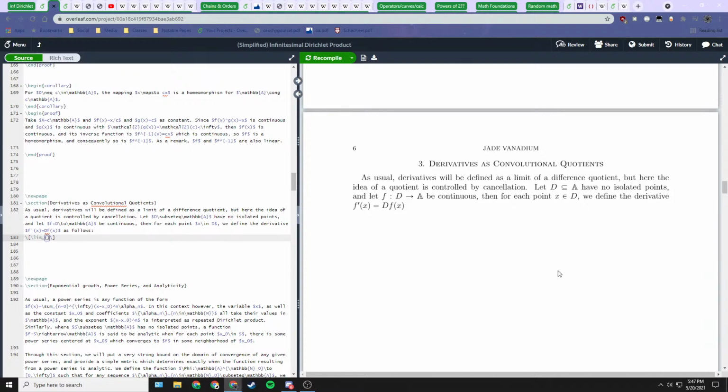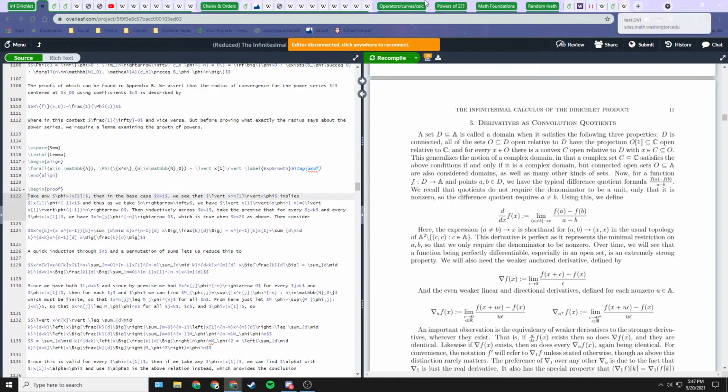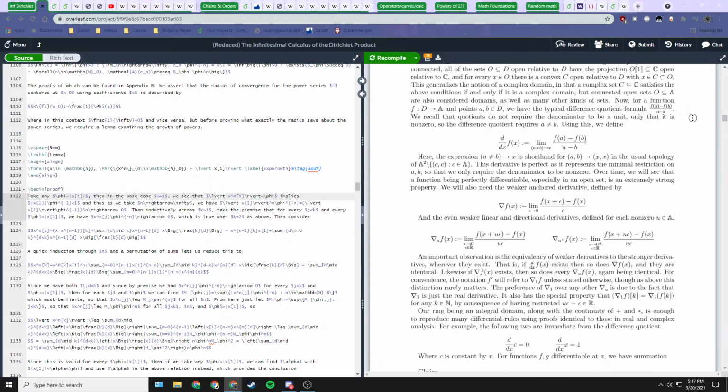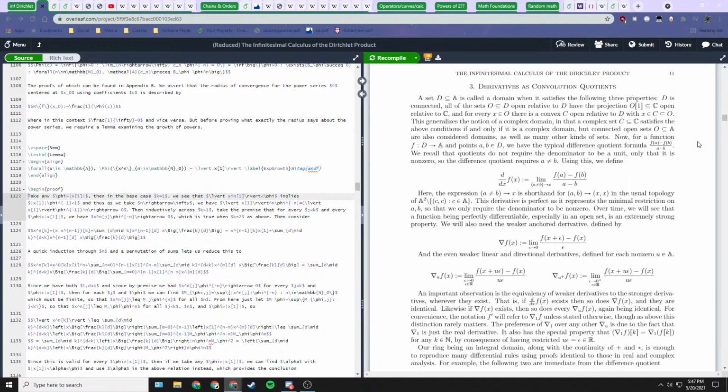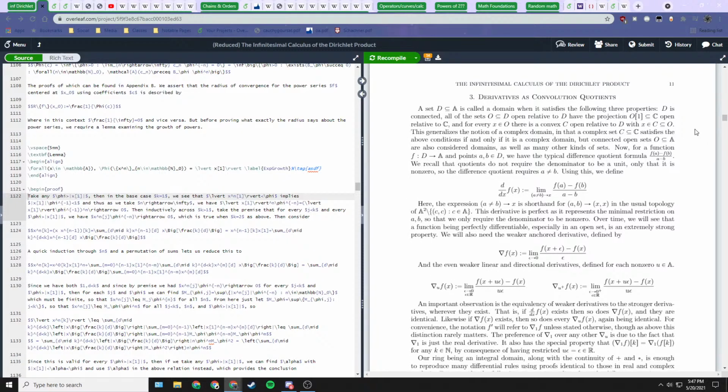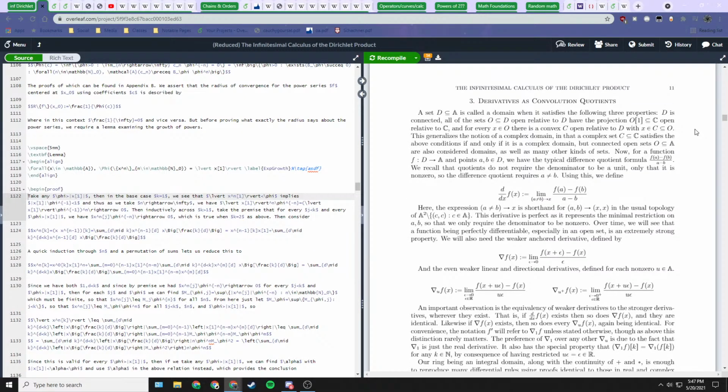How do I want to do this? So there's several ways of defining a derivative, actually. Especially in this space, there's quite a lot of control. So in my paper, I actually define it in my earlier drafts. I have a very specific definition.